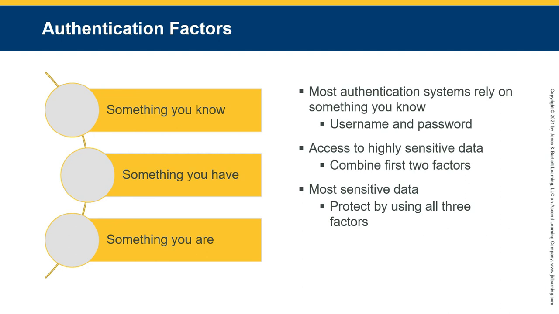Once he passes that, they will have him log in with a token. Access to highly sensitive data combines the first two factors, and the most sensitive requires all three factors. So something you have is a token, and something you are is your biometrics. It's very common today to have the first two.